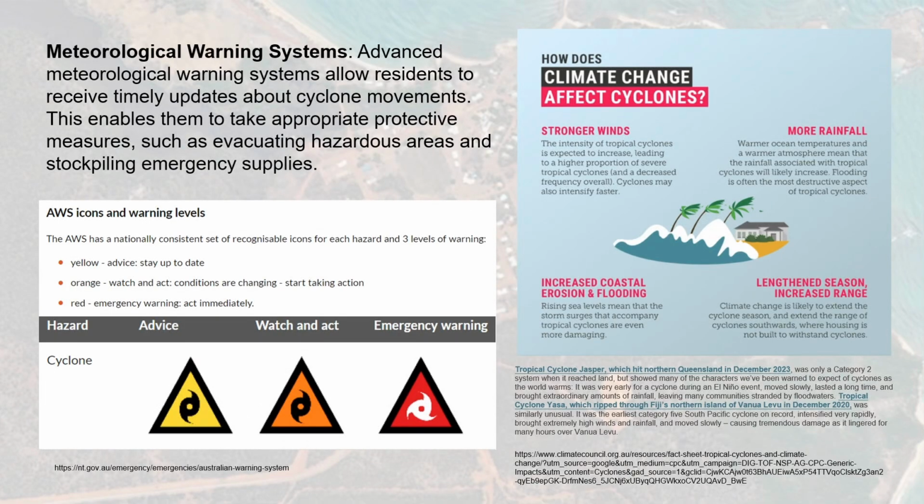The Australian government also has an independent meteorological warning system. Through various media outlets such as TV and radio broadcast, this advanced meteorological warning system is accessed via APIs, ensuring that the residents receive the latest information about the cyclone's movement.